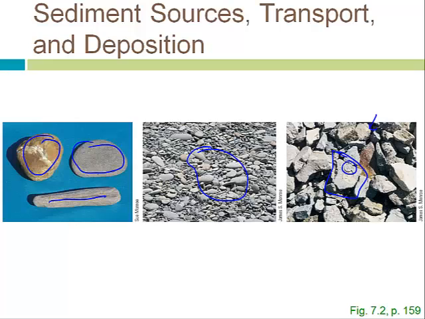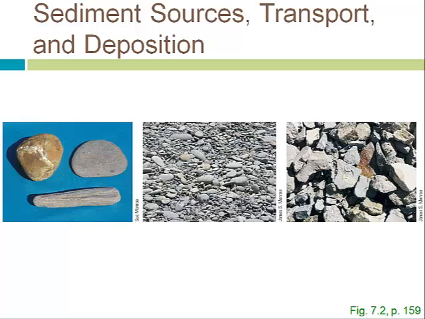In the case on the right, where you get the broken material coming off, let me erase that. You get it coming off the side of a slope or a cliff face, you end up with very angular broken pieces of rock.